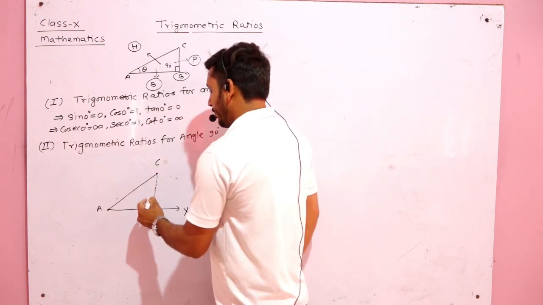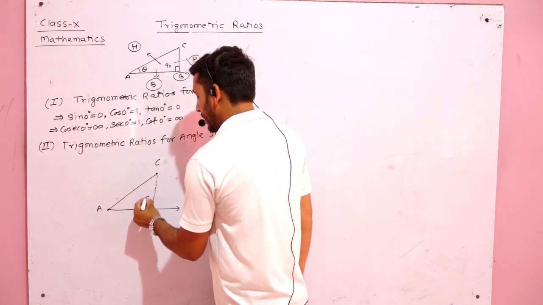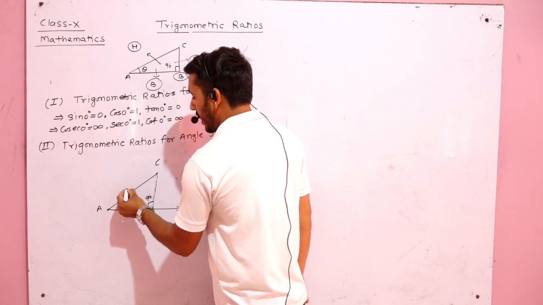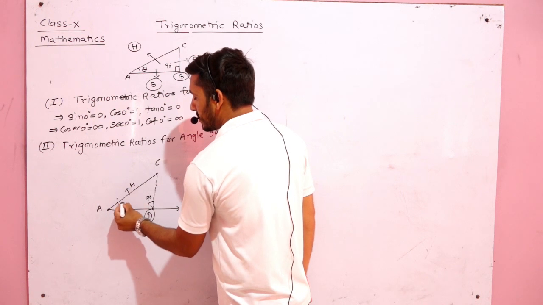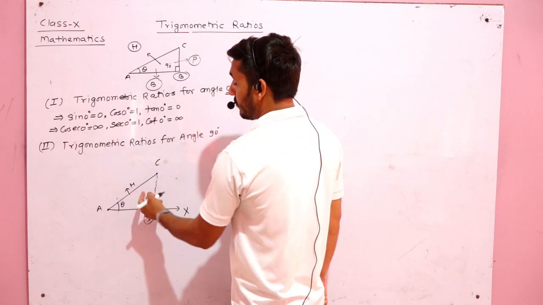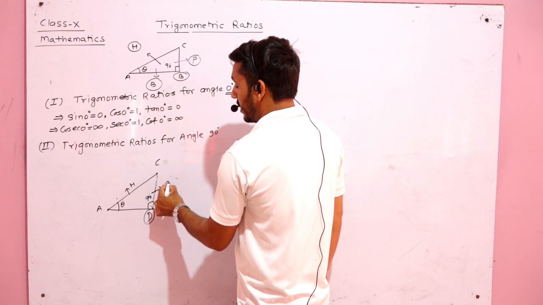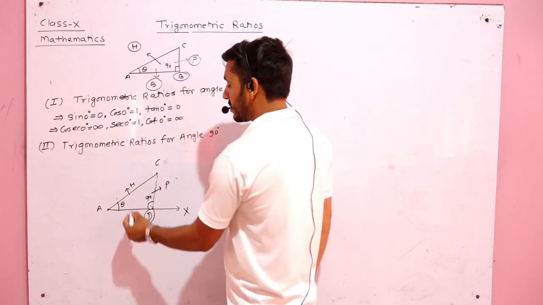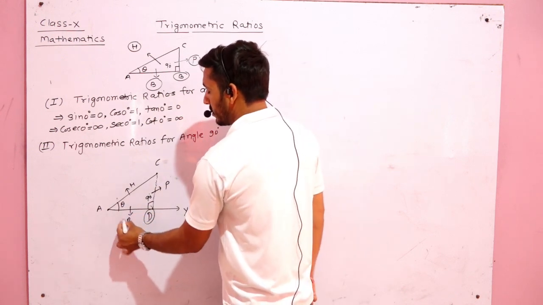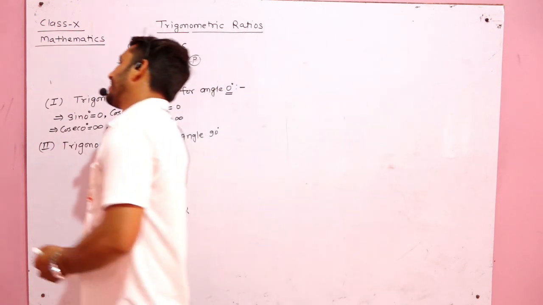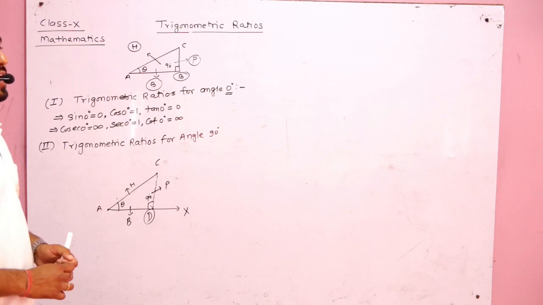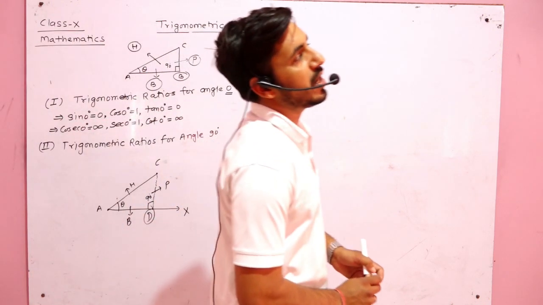If I am taking this angle 90 degree, then this will be hypotenuse. If I am taking angle as theta, then the side in front of theta is taken as perpendicular and the remaining third side is base. This is the base.